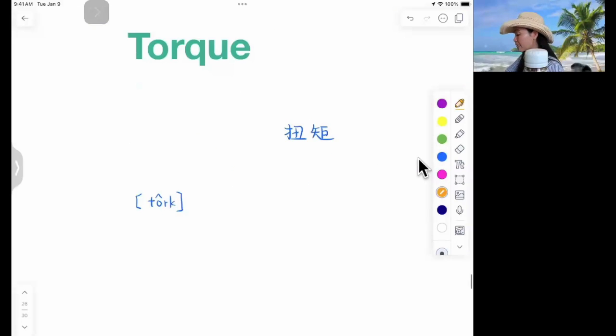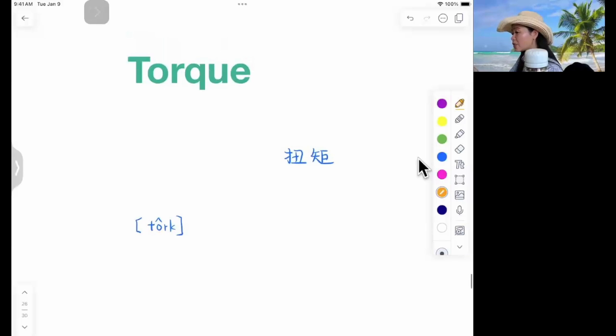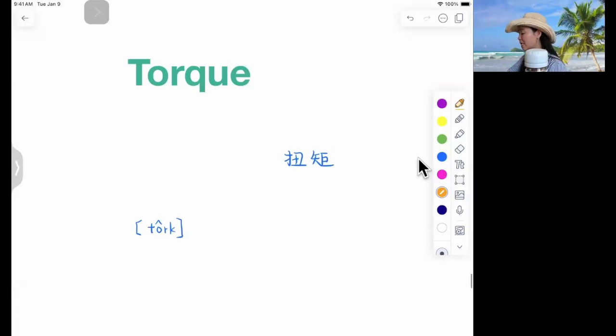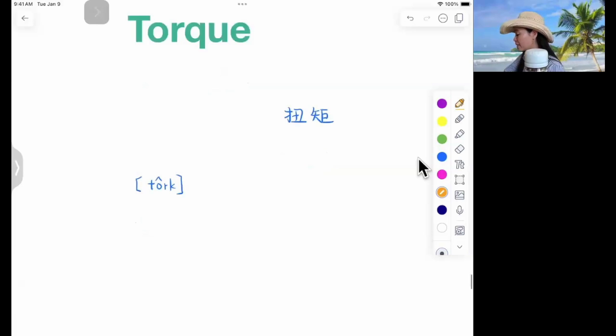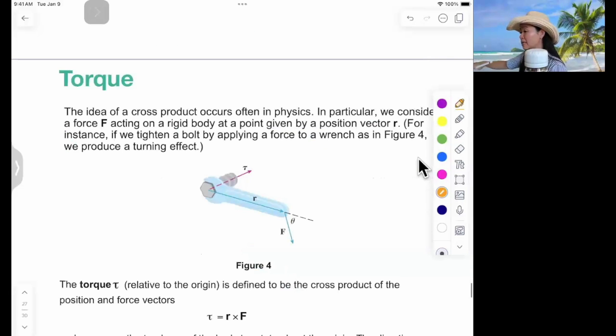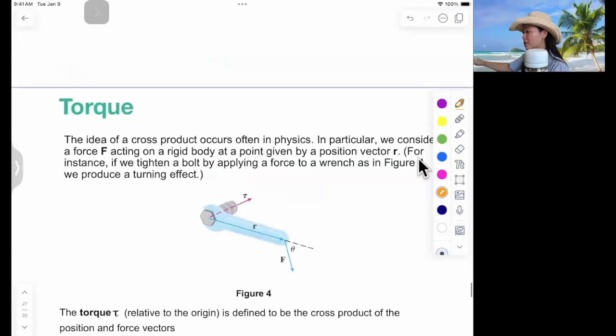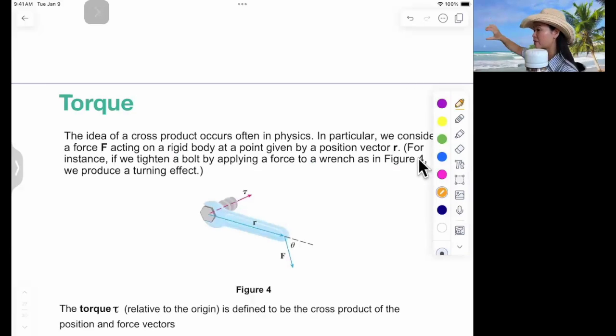The last topic here will be, how do you say it? Torque. So what is torque? In Chinese, we call it 扭矩. So when you twist something. Over here, you have this bolt you're trying to rotate. Then you will have the force over here, and this is the handle.